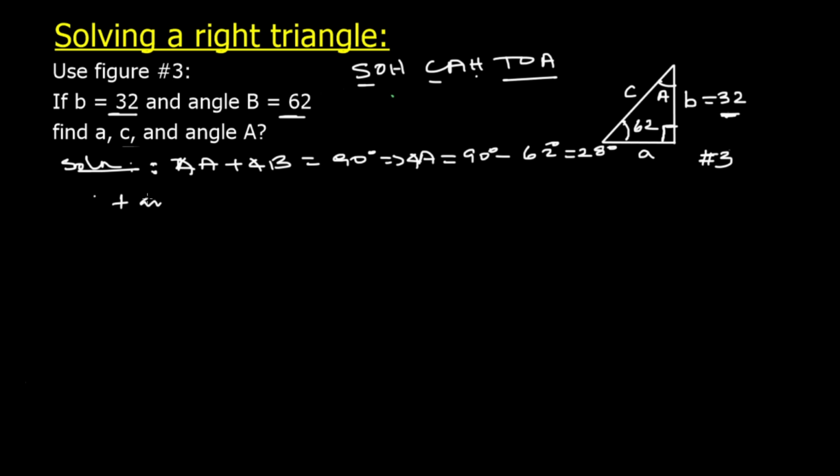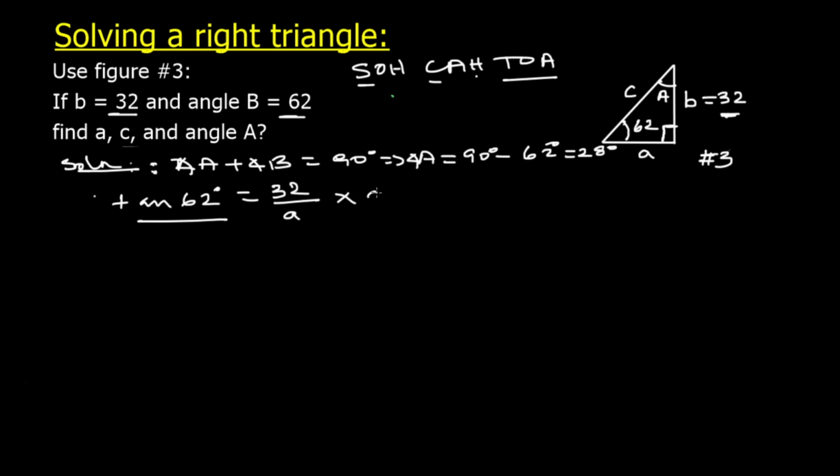So tan of whichever angle, we can use angle A or angle B. Let's use angle B: tan 62 equals the opposite side, which is 32, divided by the adjacent side A. We don't know A. So in this equation, we have a known value on the left side. On the right side, we have 32 and one unknown. Therefore, we are able to solve that one unknown.